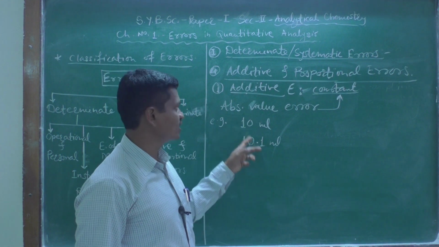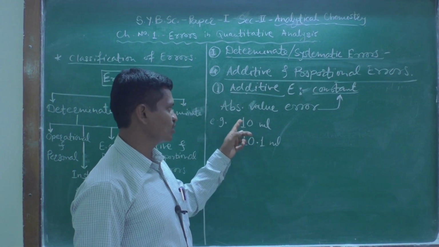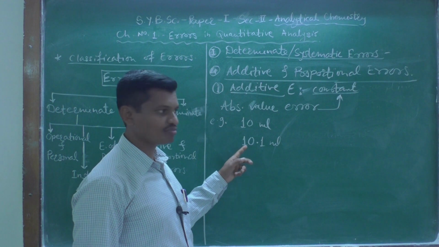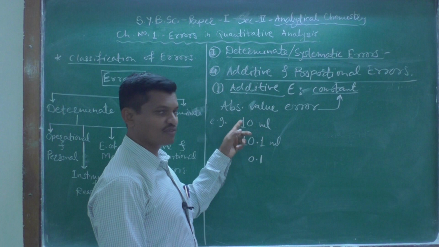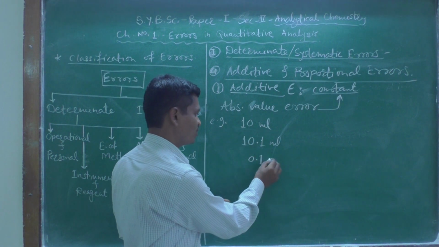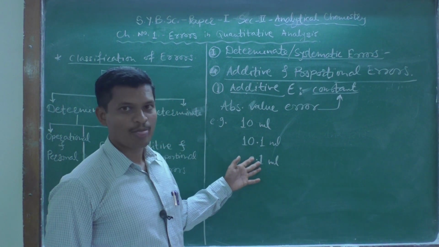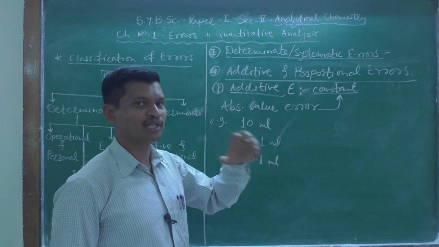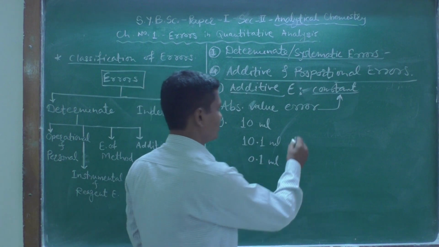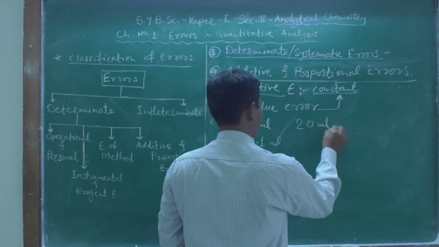So what is the absolute error here? 10.1 minus 10 is 0.1. The difference of these two, the error, is 0.1 ml. Now we are increasing the volume for that titration to 20 ml.